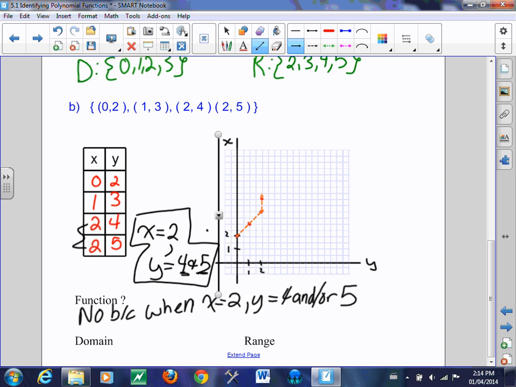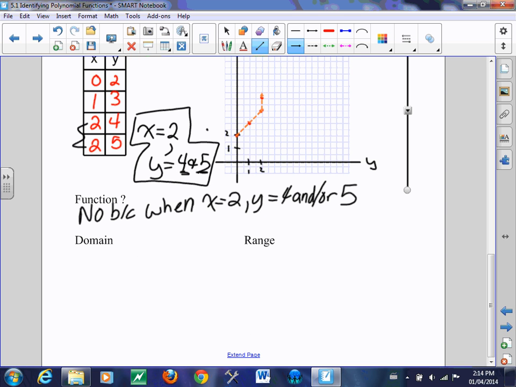Notice as you go left to right here, it's fine, it's fine, it's fine, it's fine. But here, right, oh, come on. Please move over. Right there, ladies and gentlemen. Notice that there's 2 points. That's telling you that when x is at 2, y has 2 values. So that makes it no longer a function. But again, save that for next page. You could also use that as a valid reason here. I would accept it too.